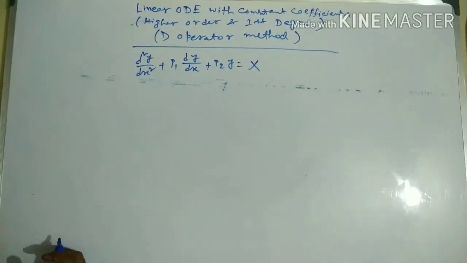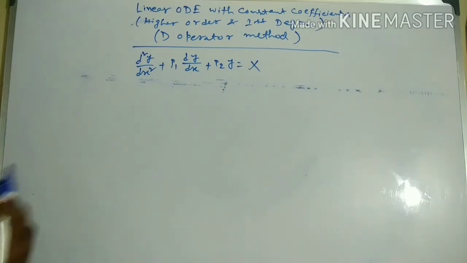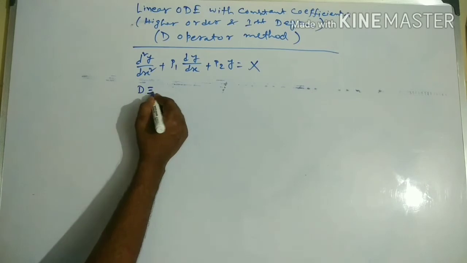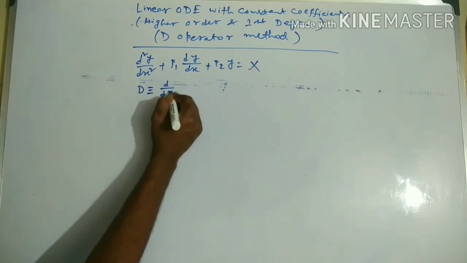Now in this chapter I will use a notation capital D for the operator, and the name of the operator is differential operator. So D is the differential operator and is equivalent to d/dx.